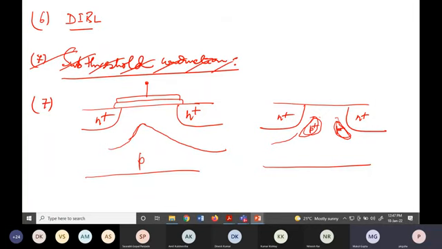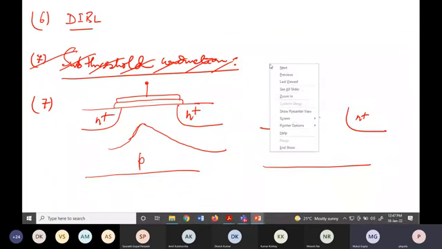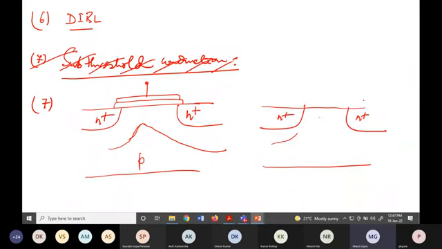Or maybe a patch, so that the depletion regions will not merge between source and drain.